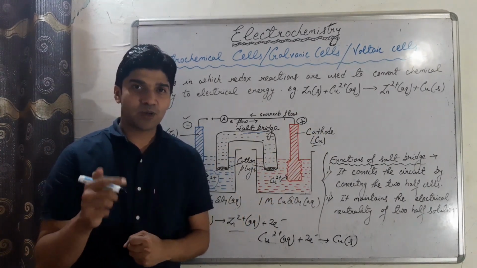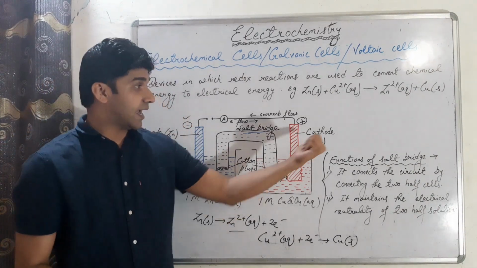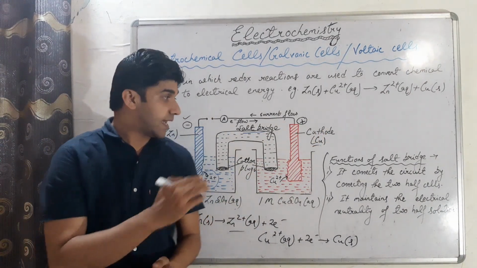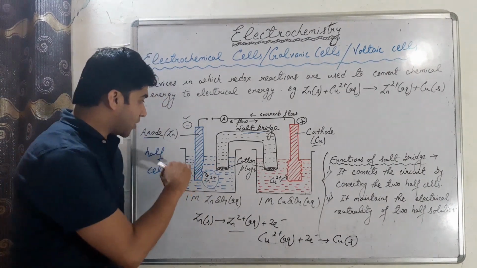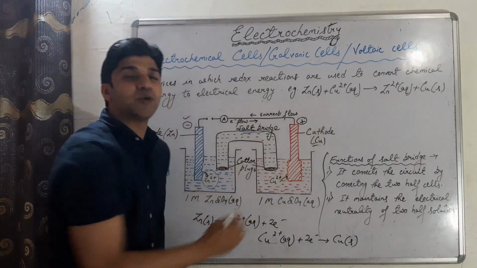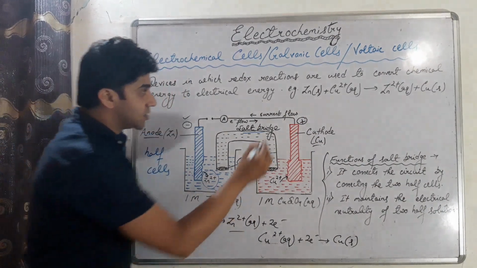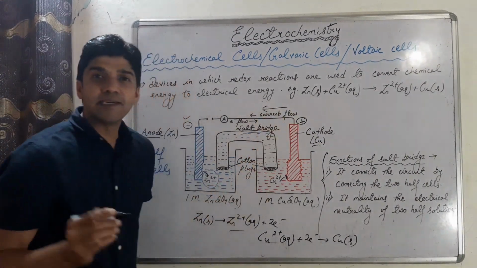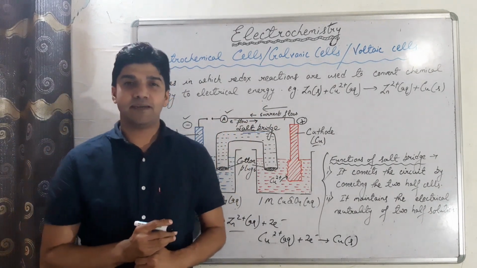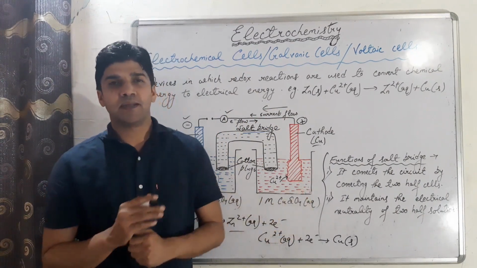So in case of electrochemical cell, anode is the negative terminal and cathode is the positive terminal, and electrons flow from zinc anode towards the copper cathode, and current flows in the opposite direction, which can be detected with the help of ammeter. Clear? So that's the working of electrochemical cell.